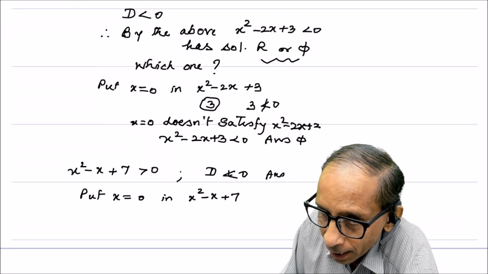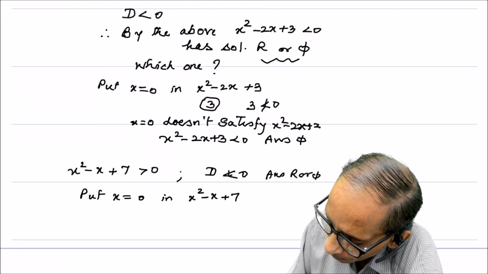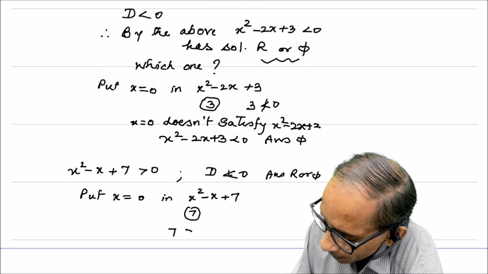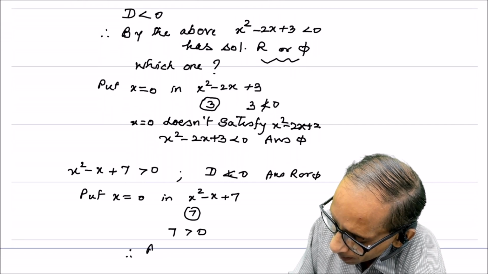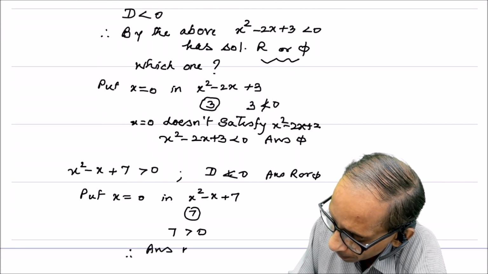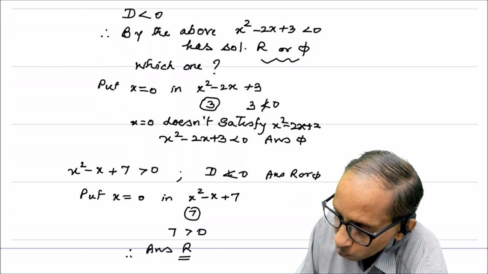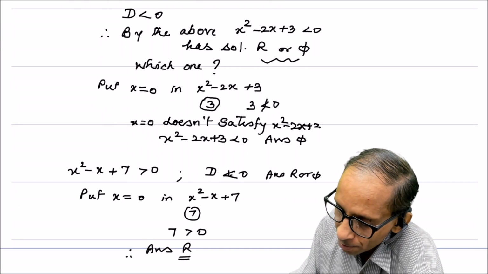As earlier, the answer is reals or empty set. We get the value as 7, and 7 satisfies the inequality. Therefore, the answer will not be empty because x equal to 0 is satisfying. So the conclusion for us is the answer is the whole of reals.